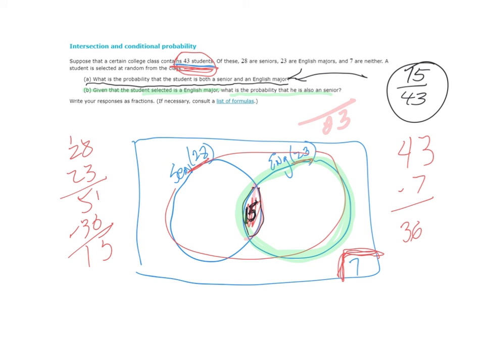And out of that, 15 of them are seniors. So you got a 15 out of 23 chance of answering that question right there, given that the student is an English major. Again, just that circle, 15 out of those 23 are seniors.